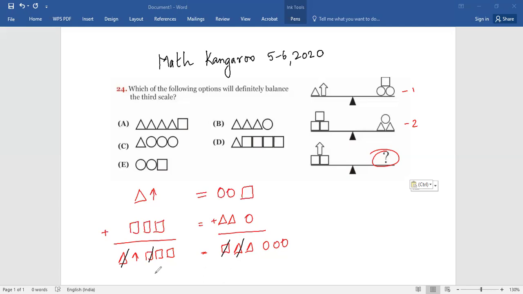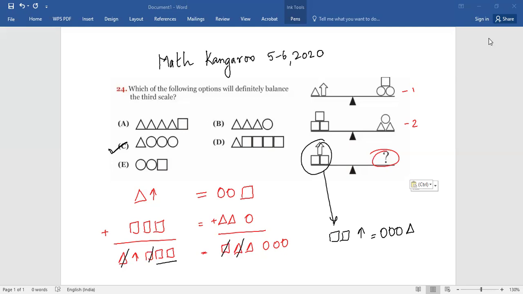So what we get here is two squares and an arrow, which is equal to three circles and a triangle. So the answer option for this is option C.